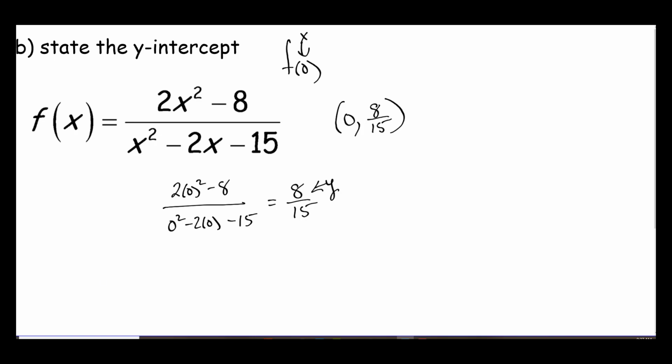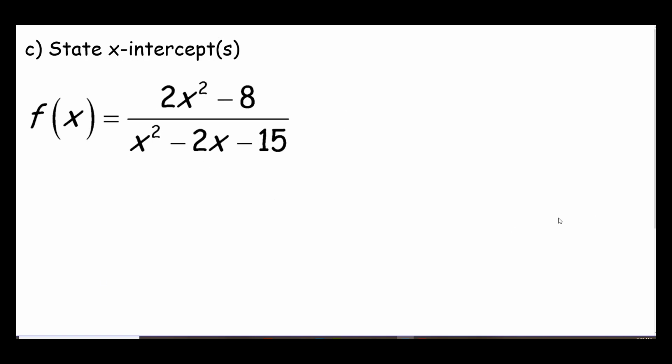Now, the next thing we find, of course, is the x-intercepts. And the x-intercepts, remember, are found by setting the numerator equal to 0, because technically we're solving the equation f of x equals 0. But because of the nature of the fraction, we only have to set the numerator equal to 0 and solve. So that's what I'm going to do.